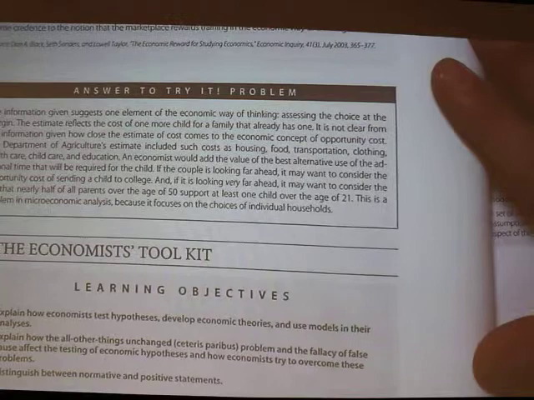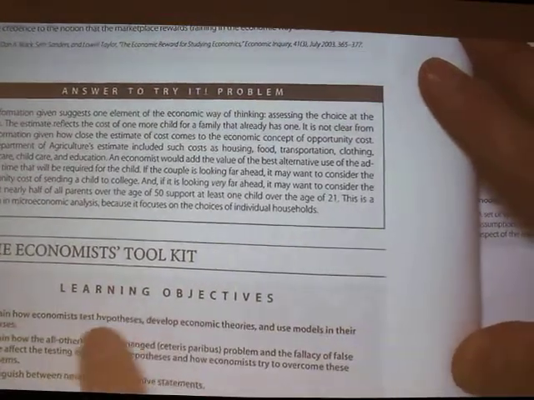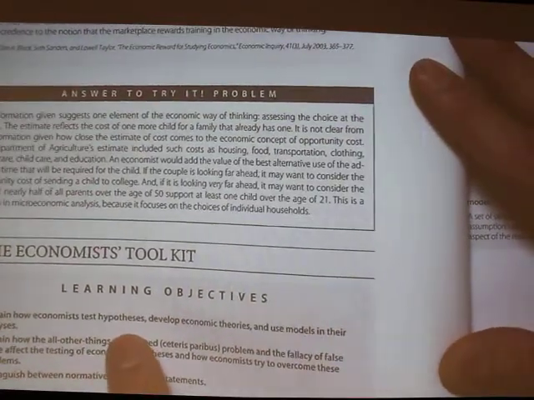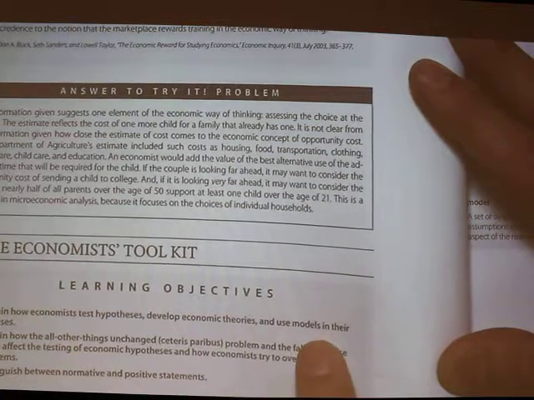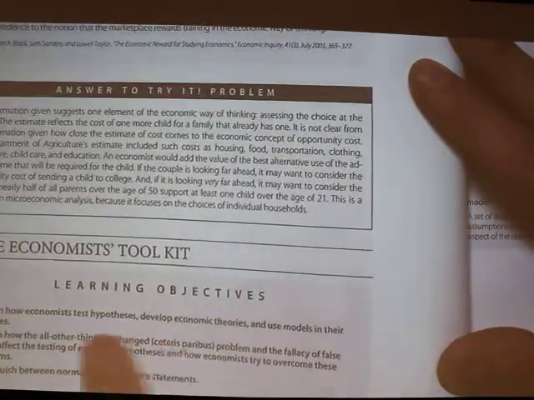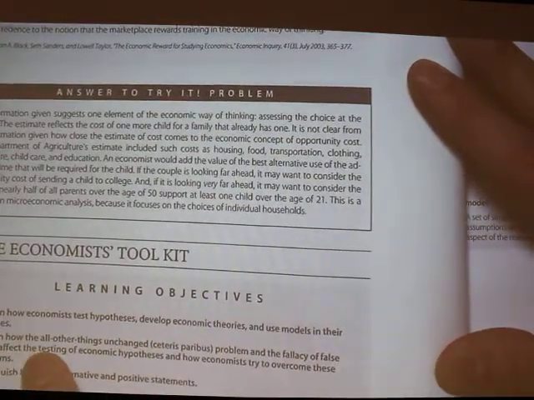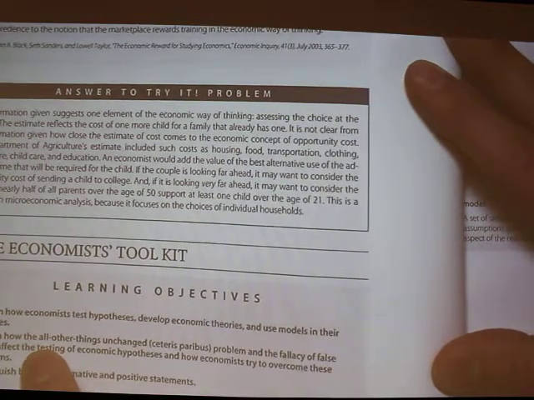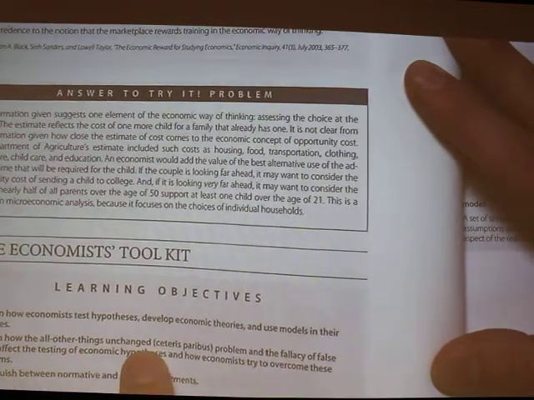Okay, so here in chapter 1, section 3, our objectives are to, one, explain how economists test hypotheses, develop theories, and use models. Two, explain what they call the all other things unchanged problem.